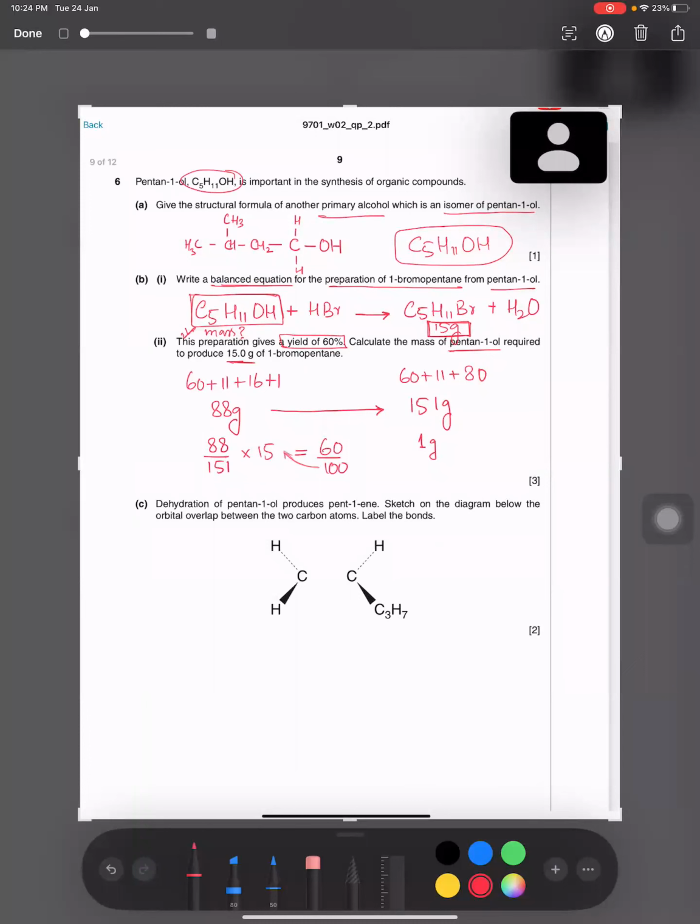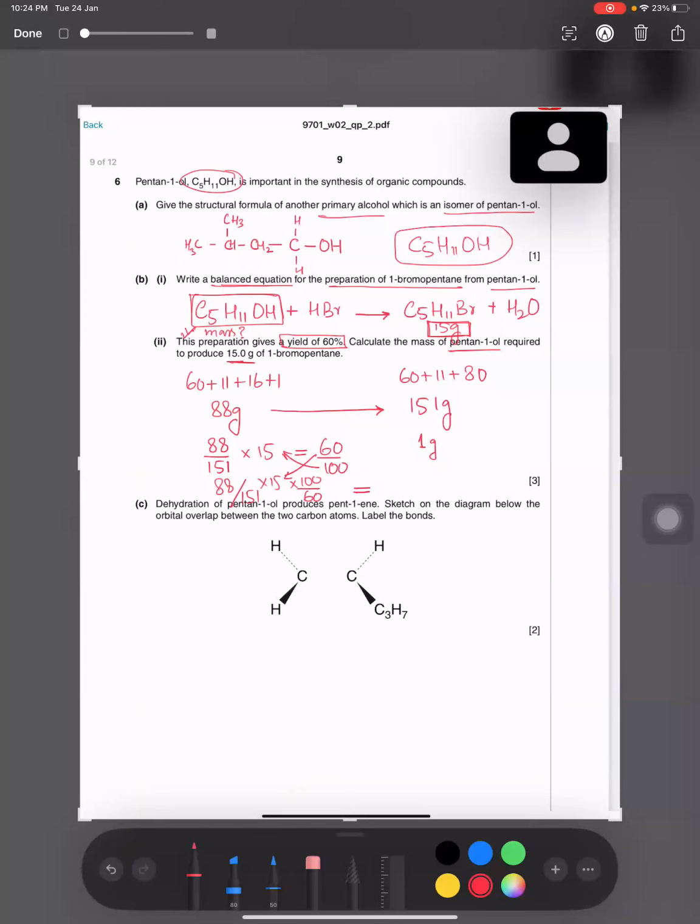So we will send 100 over here and 60 over there. So it will be like this, 88 over 151 into 15 into 100 over 60. So we can find out the mass required for this, right?